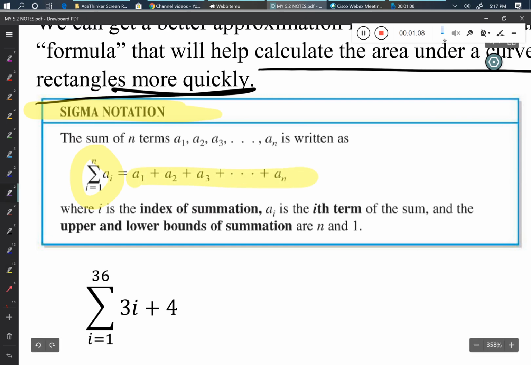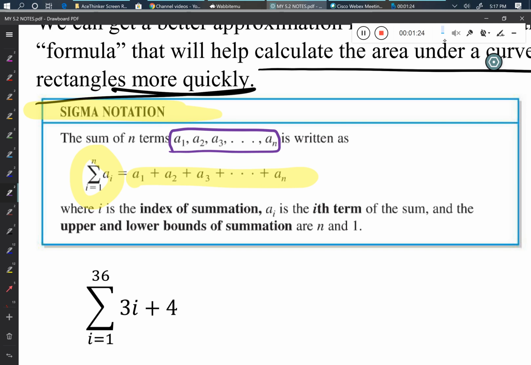Okay? Now, this is the sequence. These A's here represent the terms of the sequence. The subscript tells you which term of the sequence it is. So A sub 1 is the first term of the sequence. A sub 2 is the second term of the sequence.